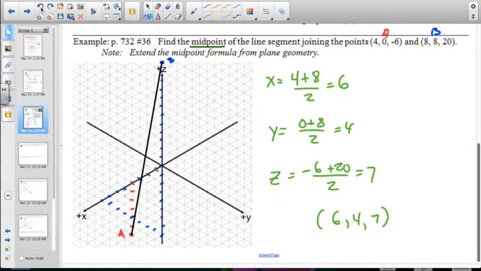Let me back up. So out 6, 1, 2, 3, 4, 5, 6. Y direction 4, 1, 2, 3, 4, and then up 7. 1, 2, 3, 4, 5, 6, 7. There's the midpoint of that line segment.